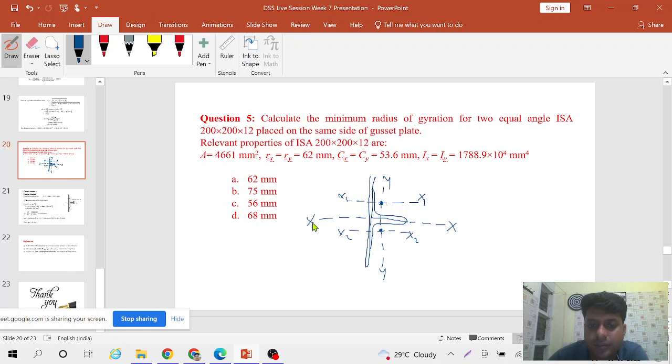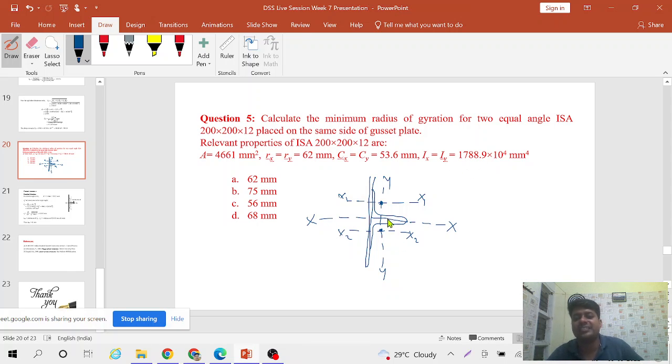So in this built up section you can see that this line is passing through here, between the centers of these two connections. So you have to calculate IXX about this line, and IYY will be the same, which is given here, 1788.9.